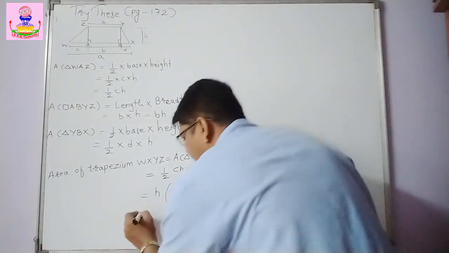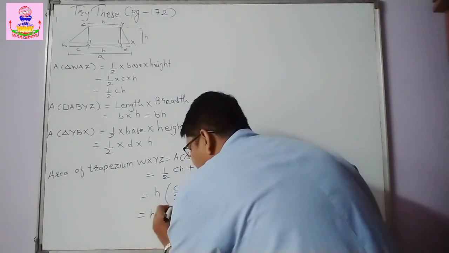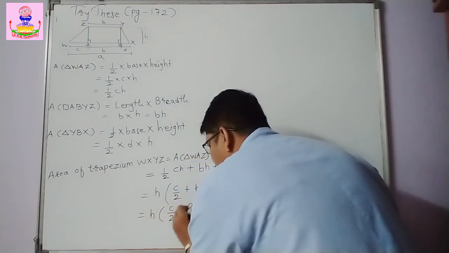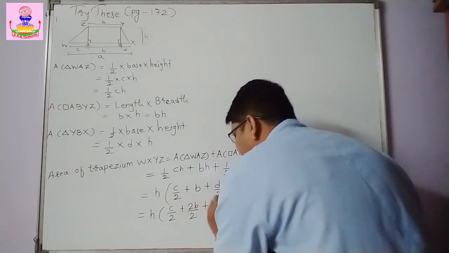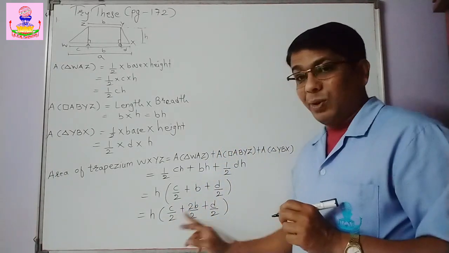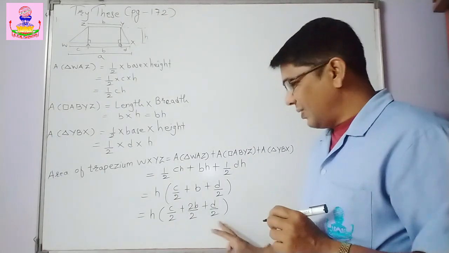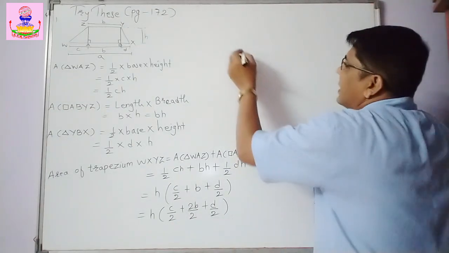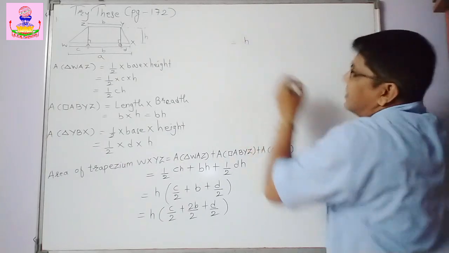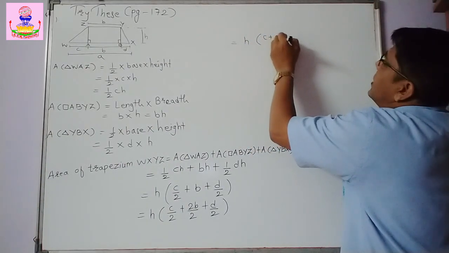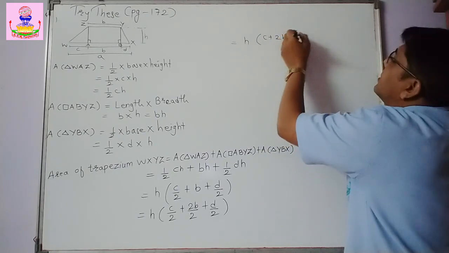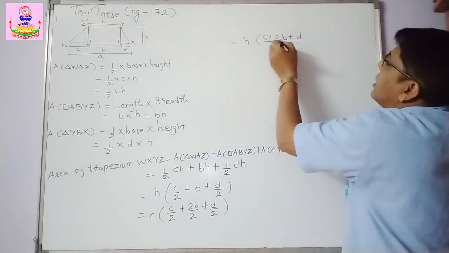Okay, so I will have h into c upon 2 plus 2b upon 2 plus d upon 2. Now see, denominators are same. I hope you understand. Right? So now how can I write? That is equal to h into bracket c plus 2b plus d whole divided by 2.